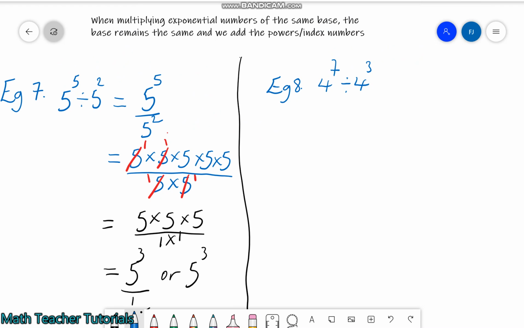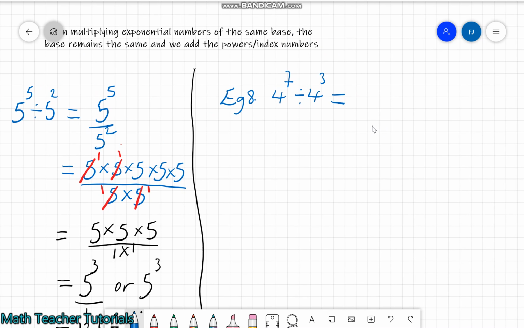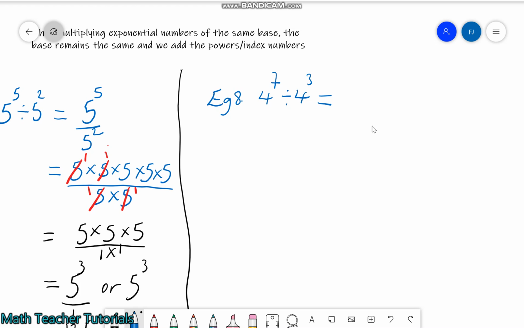In our second example, we have 4 to the 7th power being divided by 4 cubed. Again, we will start by writing the exponential values in fraction form, so that will give 4 to the 7th power over 4 cubed. 4 to the 7th power in expanded form is 4 times itself 7 times.